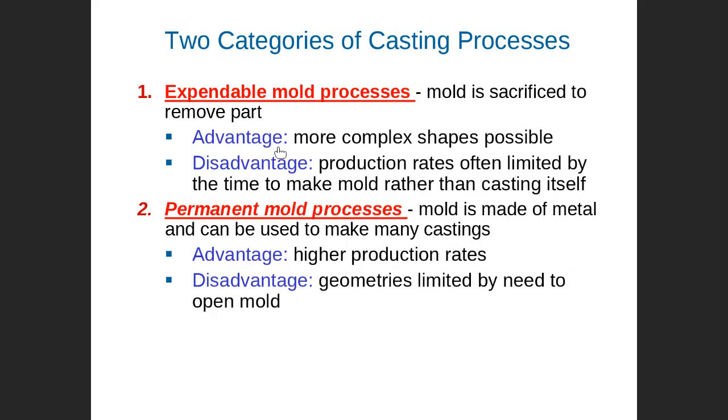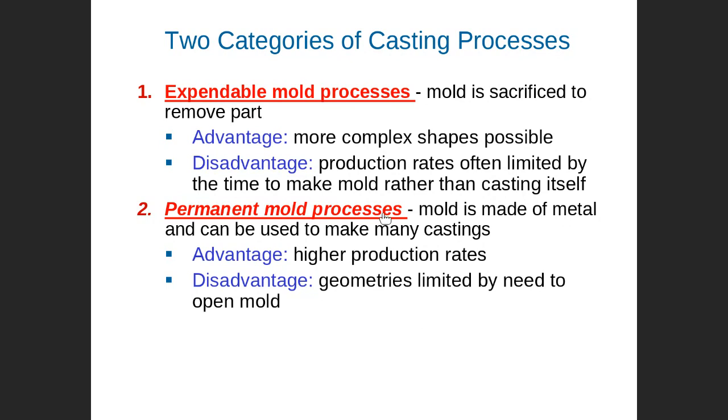I'd like to remind you, in casting we have two types: expendable mold casting and permanent mold casting. In expendable mold casting, we use the mold only one time. We manufacture the mold, and then we destroy the mold and take the part out.